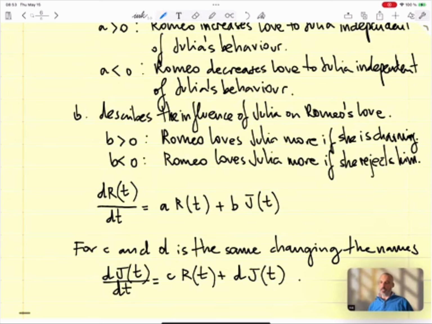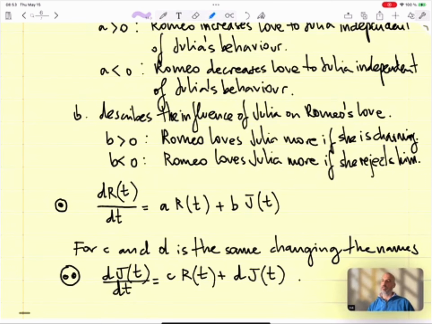So these two equations describe the dynamic system. But you see that the first derivative of R depends on R and depends on J, because both are interacting.